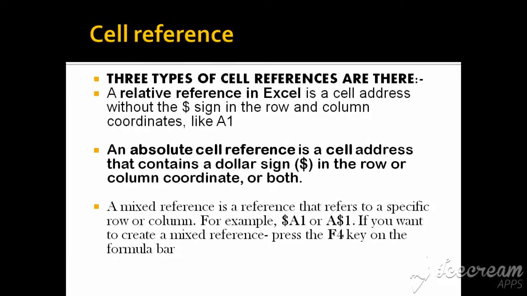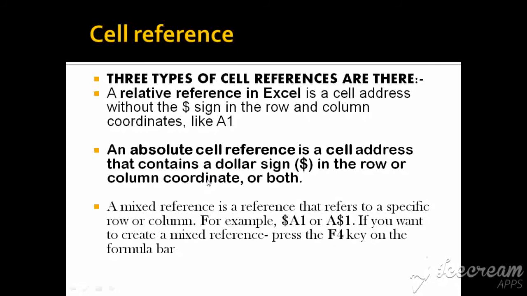There are basically three types of cell references: relative cell reference, absolute cell reference and mixed cell reference. By default, all cell references are relative, and they do not have the dollar sign, like the address A1 that I was telling you about when we were doing concatenation.